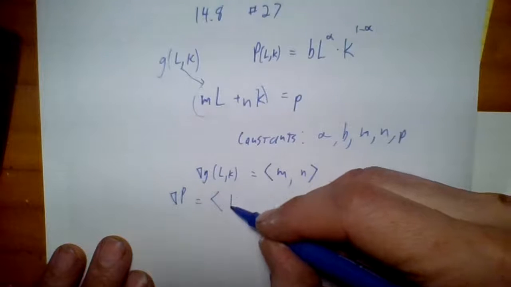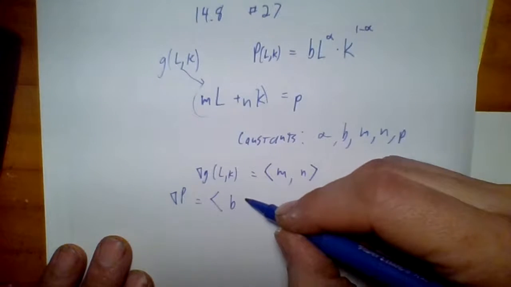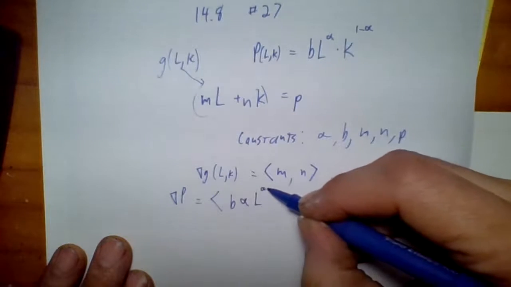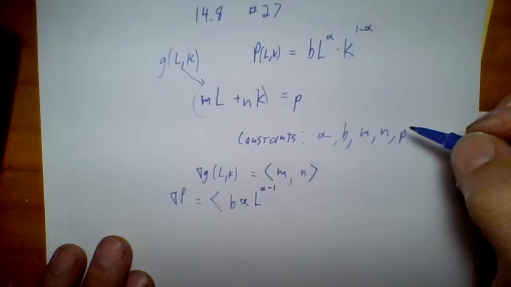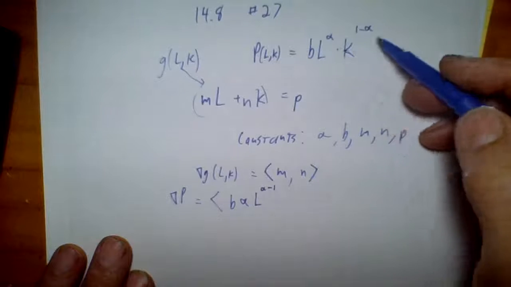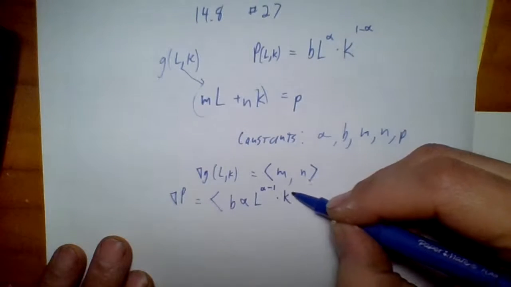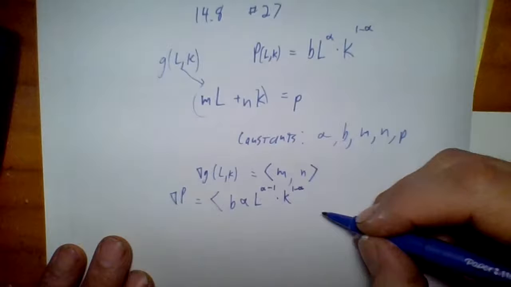It's going to be alpha L to the alpha minus 1 as the derivative with respect to L, times this, which we're treating as a constant multiple.